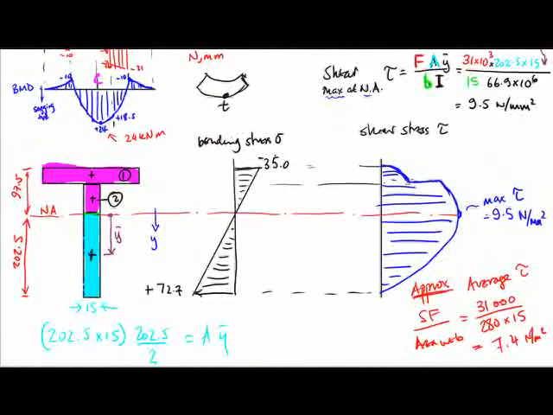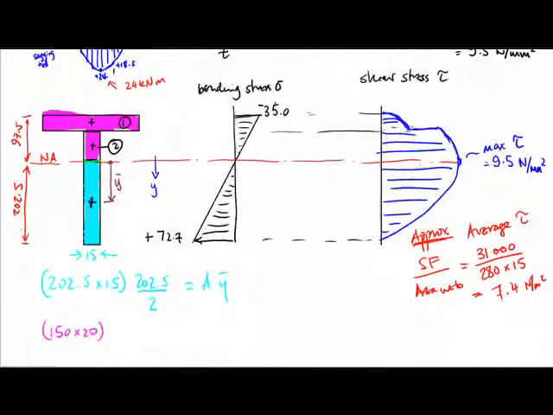Okay, so 150 times 20, and then the y-bar is from the neutral axis here to the centroid, so we're talking about from here to here. Well, that's 97.5 minus 10. That bit is 10, so this is what we want: 97.5 minus 10.